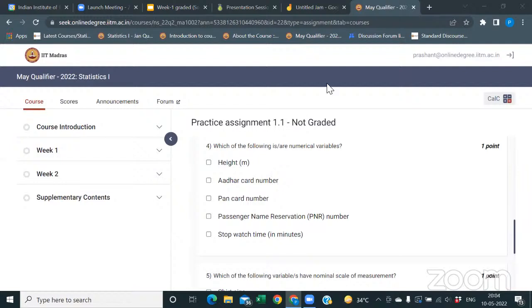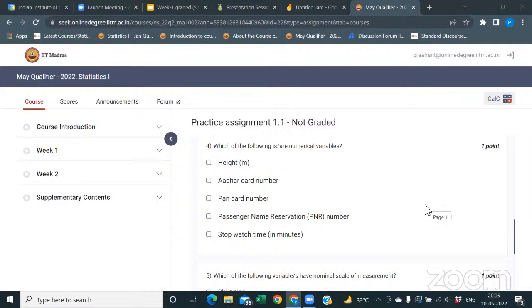One thing I want to add: Aadhaar card number is alphanumeric, with alphabets and numerals, so we can't perform any arithmetic operations there, like plus, minus, multiply, divide. That's why it is not a numerical variable, right, sir? PAN card is alphanumeric, while Aadhaar card is only numeric.